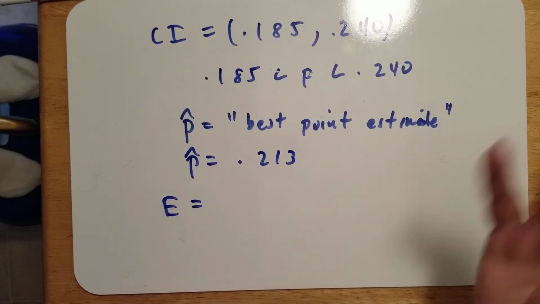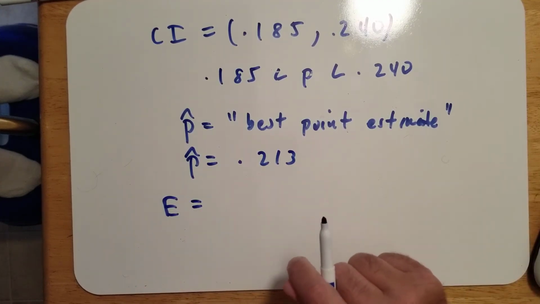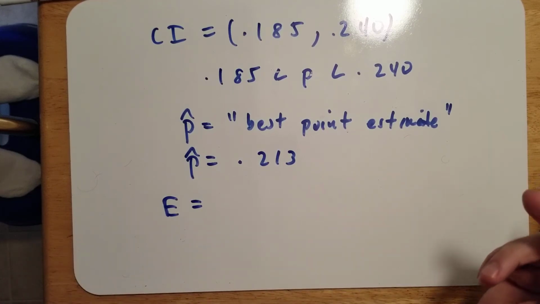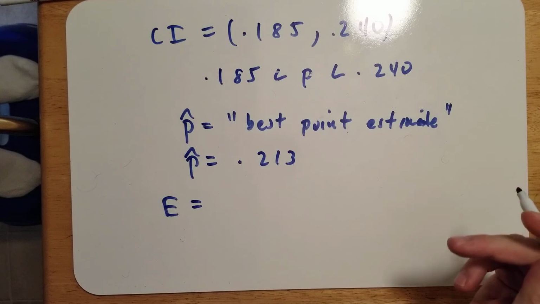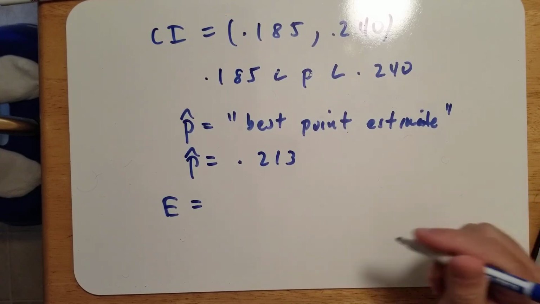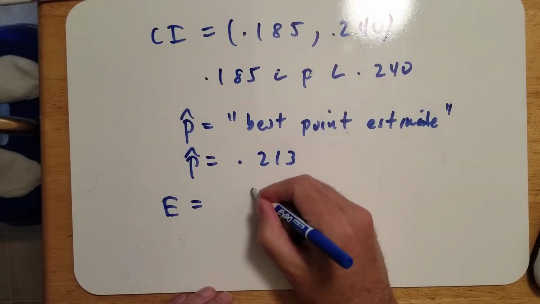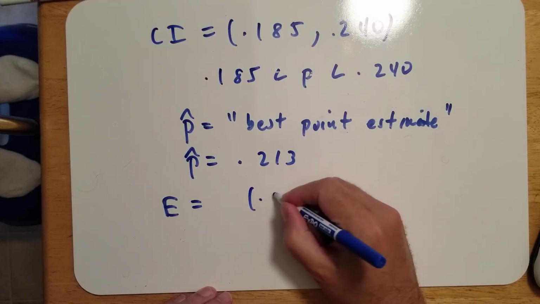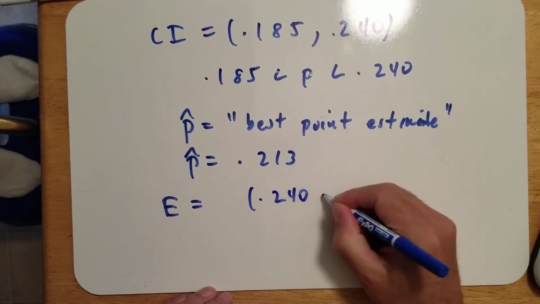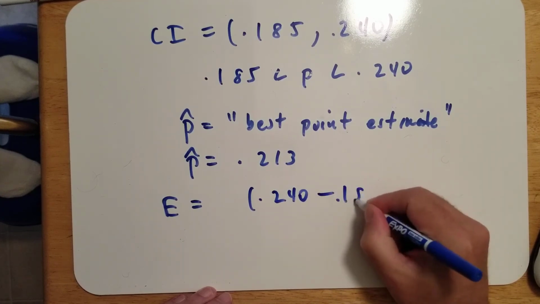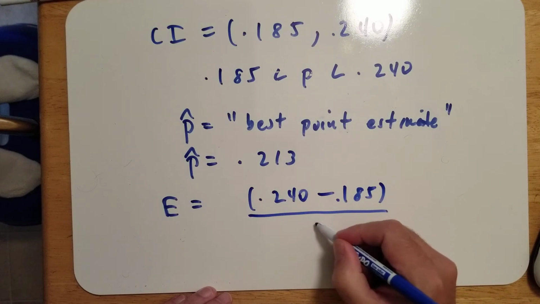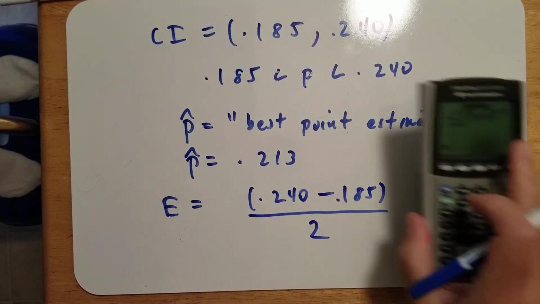There's a formula for calculating the margin of error, but we're not going to go into that because we can get that from the confidence interval. The margin of error is just half the width of the confidence interval. So in this example, half the width of the confidence interval is (0.240 minus 0.185), and I'm putting the parentheses around there because that's what you're going to have to do on the calculator, divided by 2.